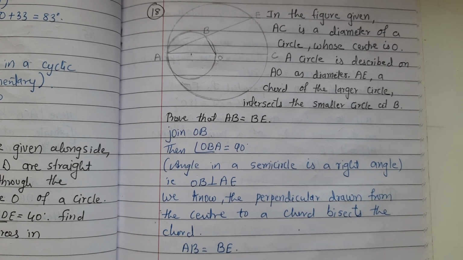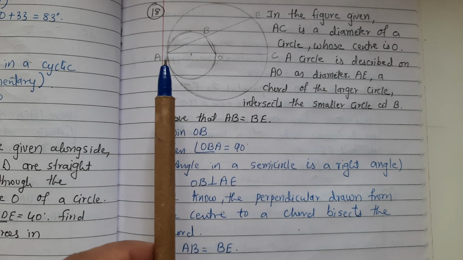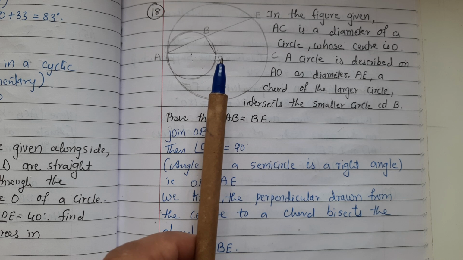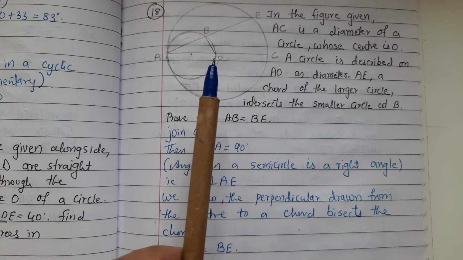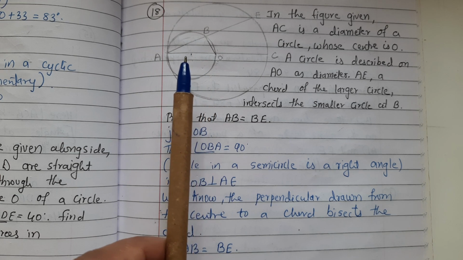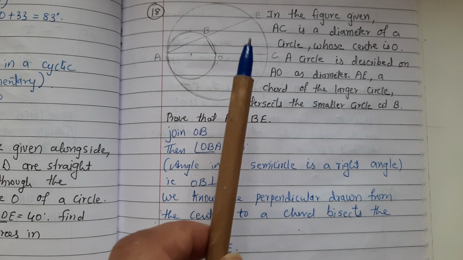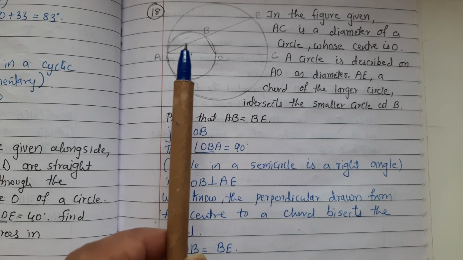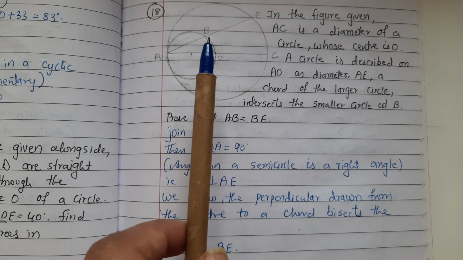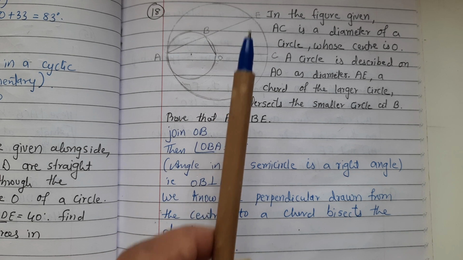Sum number 18. In the figure, AC is the diameter of the circle whose center is O. A circle is described on AO, a smaller circle, as a diameter. AE is the chord of the larger circle, intersects the smaller circle at B. Prove that AB is equal to BE.